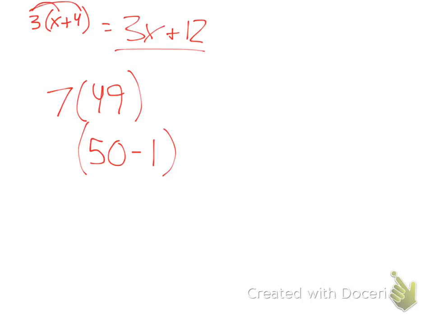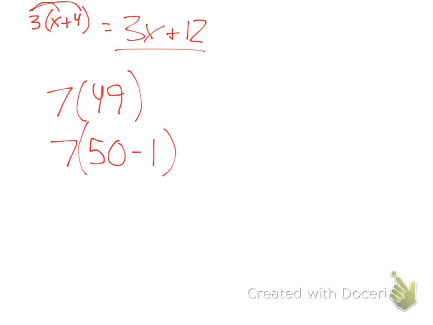Is that the same thing? Can you multiply that by 10? Would that change anything if I distributed the 7 in and then gathered like terms or simplified at the end? It shouldn't.